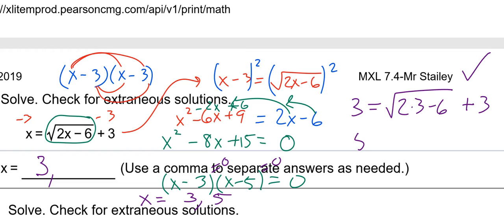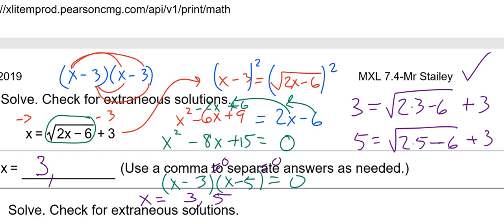So now we're going to check the other one. 5 equals the square root of 2 times 5 minus 6, plus 3. Does the right side give me 5? I got one vote for yes.